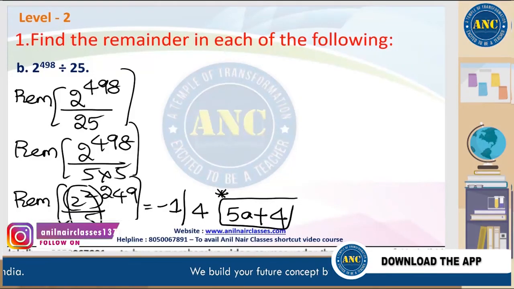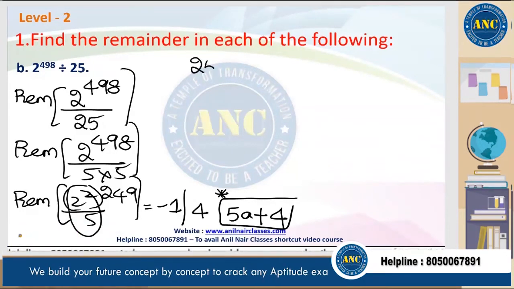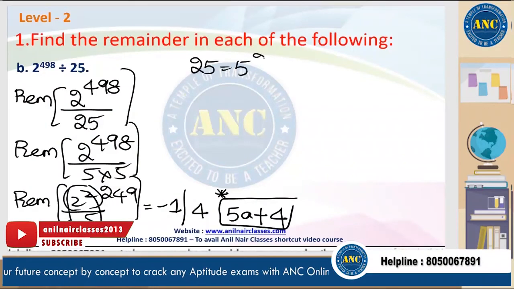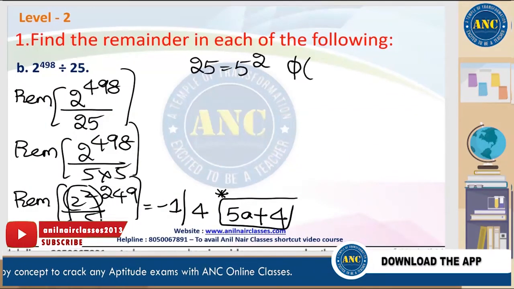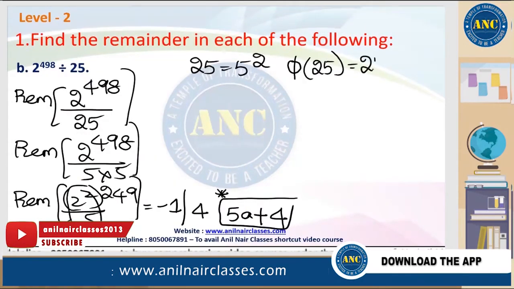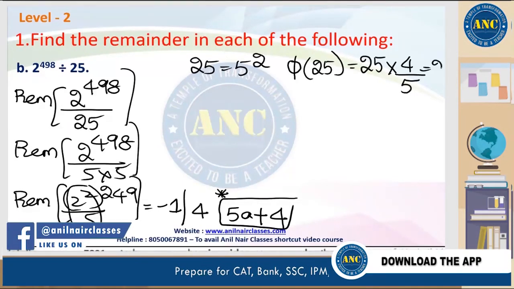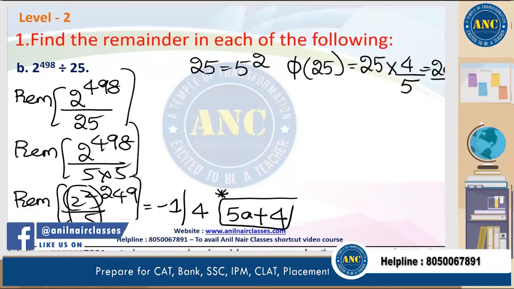If there is more than one such answer option, what you will do is, 25 is a composite number, so it is 5 square. So the totient of 25 is x into 1 minus 1 by x, that is 5 into 1 minus 1 by 5, 4 by 5, which is 20.